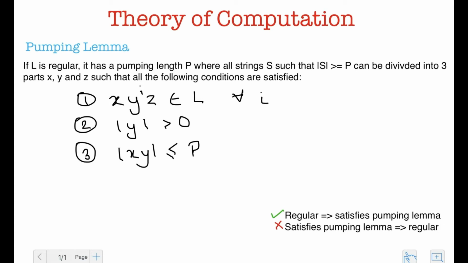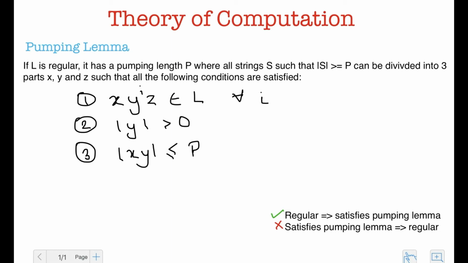So what the pumping lemma is saying essentially is that in any regular language I can find some substring in the middle, and I can have any number of concatenations of that, so I can expand that substring in the middle as many times as I want, and my string will still belong to L. And at this point, mostly the languages that we talk about are infinite languages.